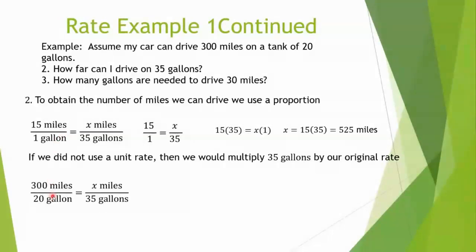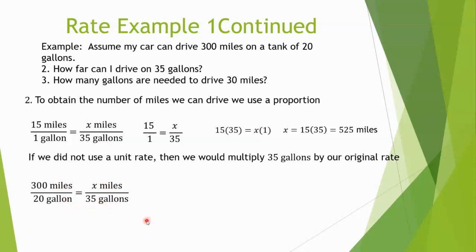Namely, you would have this on the left side. This would be the speed at which we're driving. And again, just like before, this rate is also the speed at which we're driving. Both rates give us the same thing, so they're equal. Again, corresponding spots have the same units: the top is miles, the bottom is gallons.